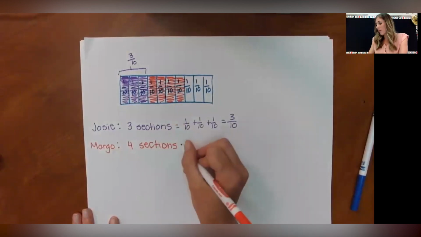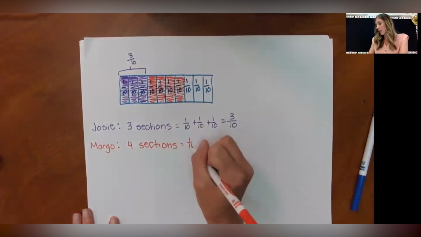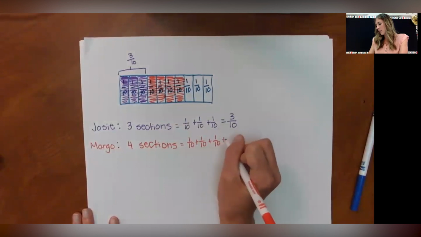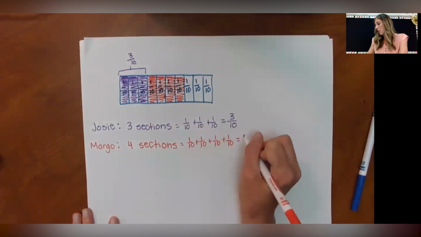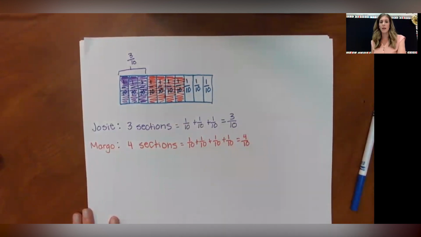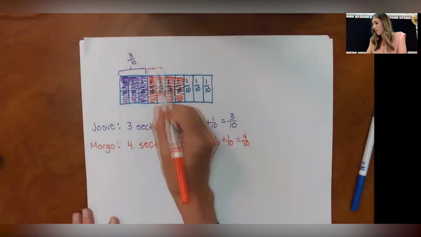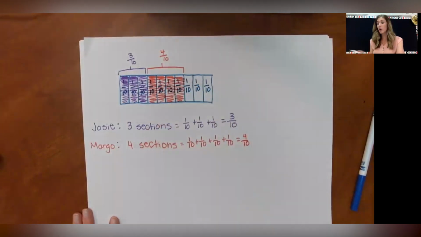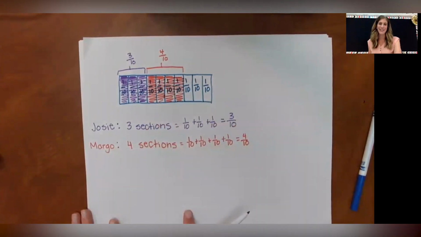Great job, 4/10. She painted a 1/10 section 4 times for a total of 4/10 of the fence. And you can see they've still got some fence left that needs painting, right?